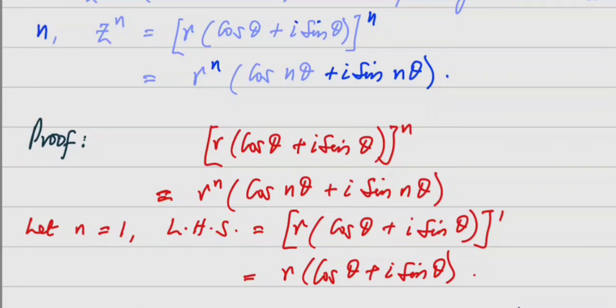Now, the right hand side equals r raised to power n. So n is 1, so we have r to the 1. Then cos of 1 multiplied by theta, plus i sin of 1 multiplied by theta. When you simplify this, you have r into (cos theta plus i sin theta).